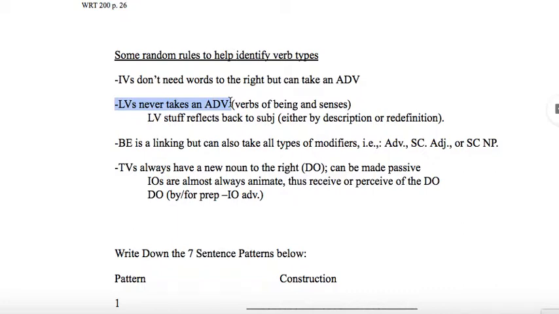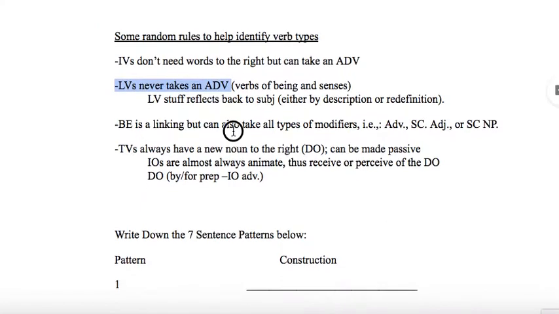It's always going to be a subject complement adjective or a subject complement noun. The be verb can take all three to the right of it. Those are easy to identify because there's some form of be. And then our transitive verbs can have a slew of nouns and adjectives after them, but they can be made into the passive voice, which we'll be doing next.